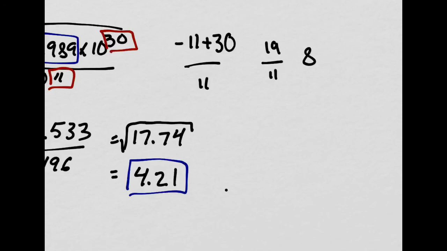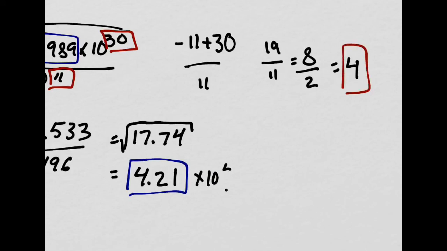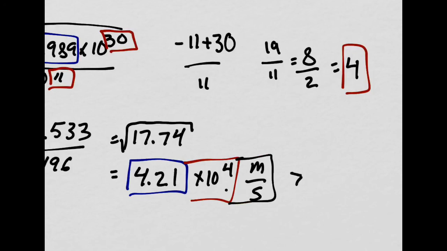So we get 8 from our subtraction, and then we have to take a square root, so we divide it by 2, and that gives you 4. Let's box this in red. Our exponent is 4, 10 to the 4, and then meters per second. And this is much greater than the escape velocity of the Earth.